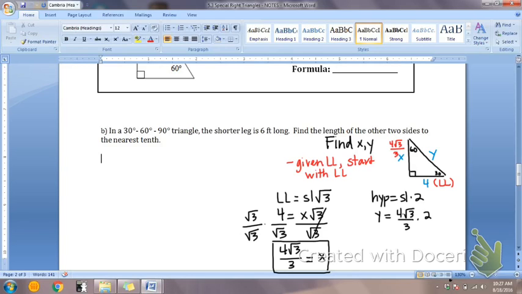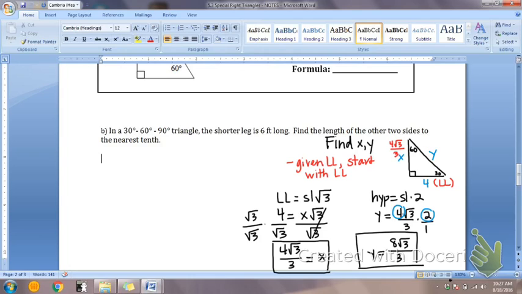Hang on. Let's think about it for a minute. 2 is a whole number, and I think what Dakota was getting ready to say is we put 2 over 1. The rule for multiplying radicals is what? Good. Outside with outside, inside with inside. Notice we have 4 on the outside, we have 2 on the outside. What is 4 times 2? 8. So now I have 8 radical 3 over 3. And that's it.